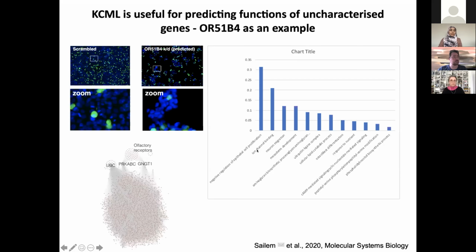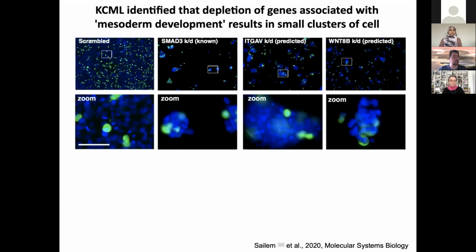From this analysis, something interesting came up: these are the genes predicted to be involved in mesoderm development, a very dense spaghetti network of interactions. But what really caught my eye is that 83 olfactory receptors were predicted to play a role in mesoderm development, so I thought to follow up on it a bit more.